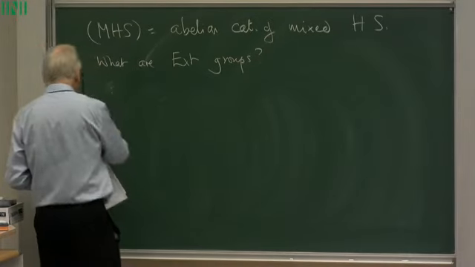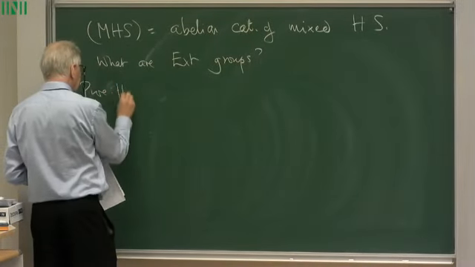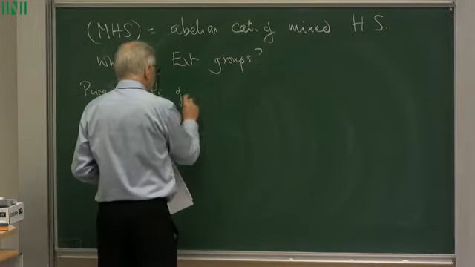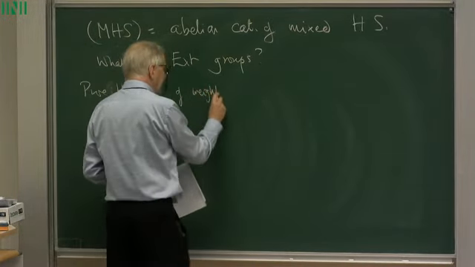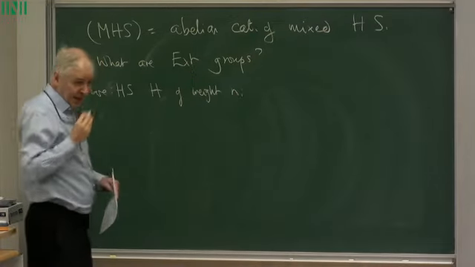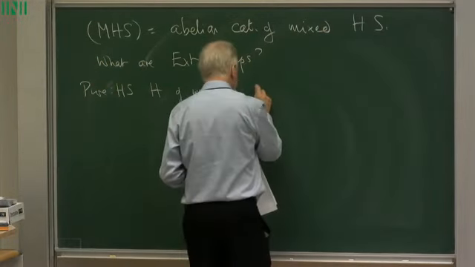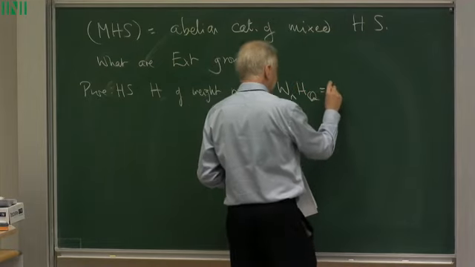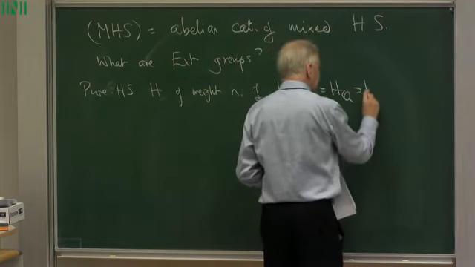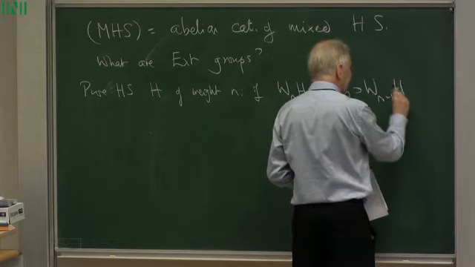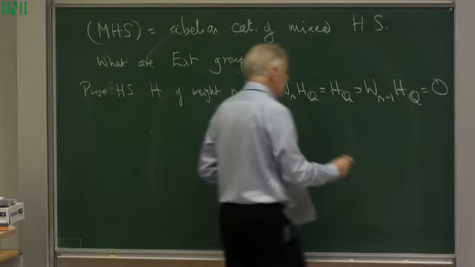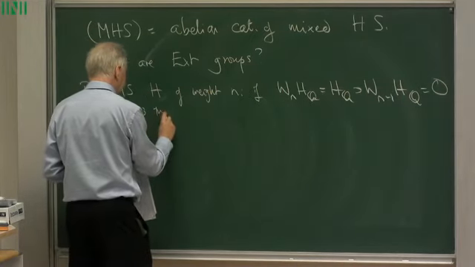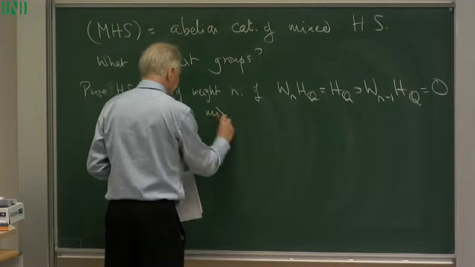But let me first say that if you have a pure Hodge structure H of weight n, then if you set W_n of H_Q to be H_Q and W_{n-1} of H_Q to be 0, this is then a mixed Hodge structure with just one weight.